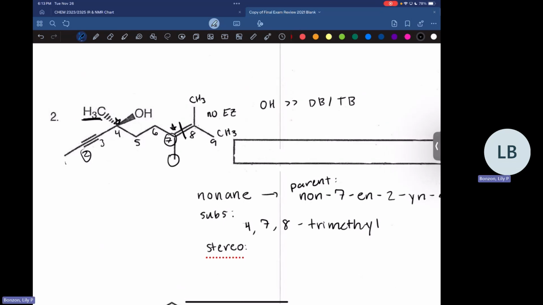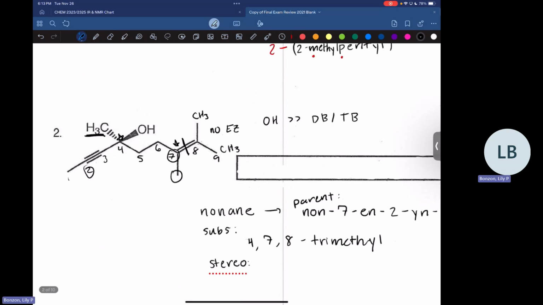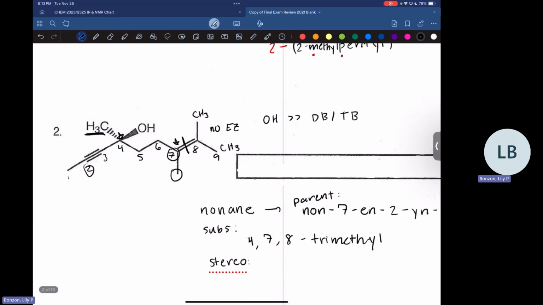So the last thing to consider is the chiral center at carbon 4. So we're going to do R and S for this. So alcohol is going to get our highest priority because it is the highest number on the periodic table. Then we're going to look at each of the other groups attached to that chiral center. All of these are going to be carbon atoms. So now we have to look at what they're attached to. So the CH3 group is just attached to 3 hydrogens.